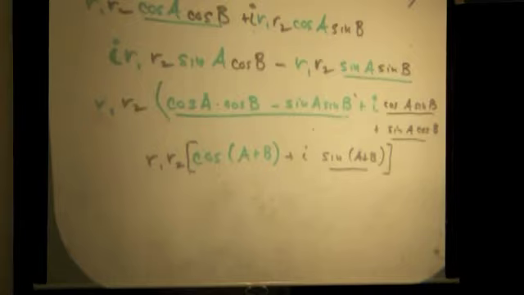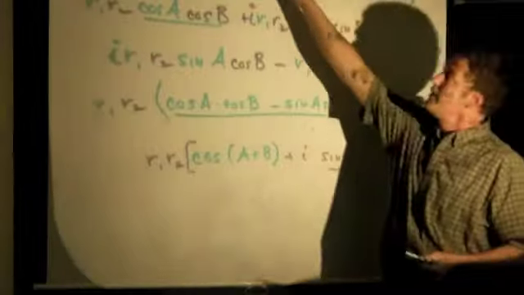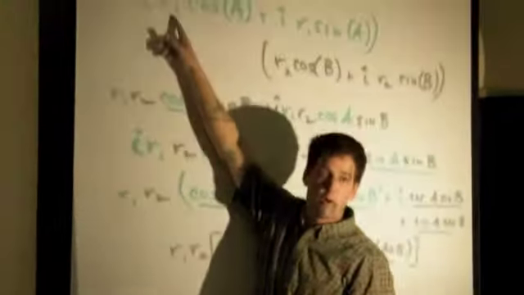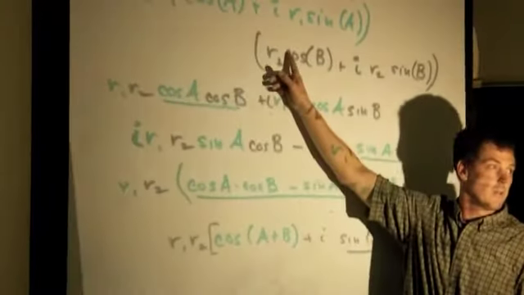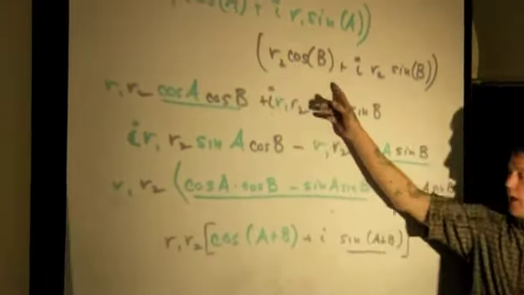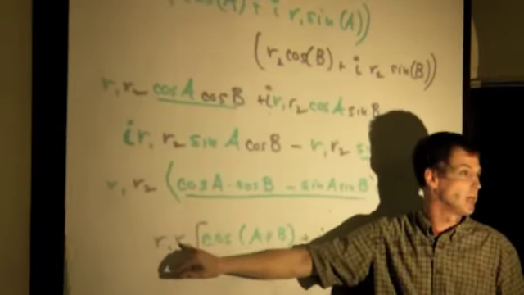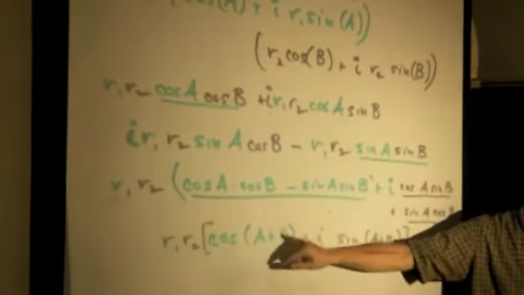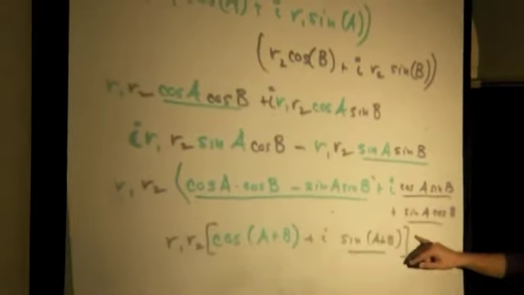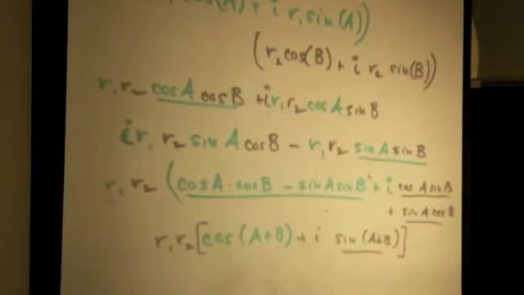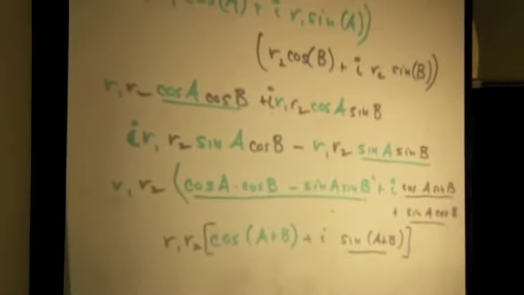Okay. So taking this thing with a magnitude of R1 and multiplying by this one that has a magnitude of R2 allows me to eventually write it as something with a magnitude of R1 times R2, and the angle is just the sum of these two angles. Kind of a sweet looking little thing. So this way of talking about these things is pretty handy.